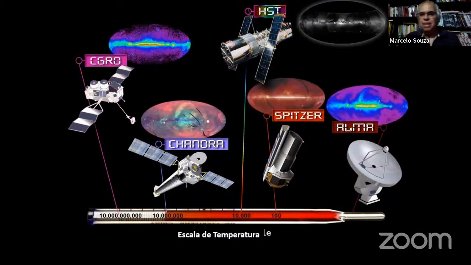Then you have different images here of the Milky Way in each of these frequencies, regions of the spectrum.